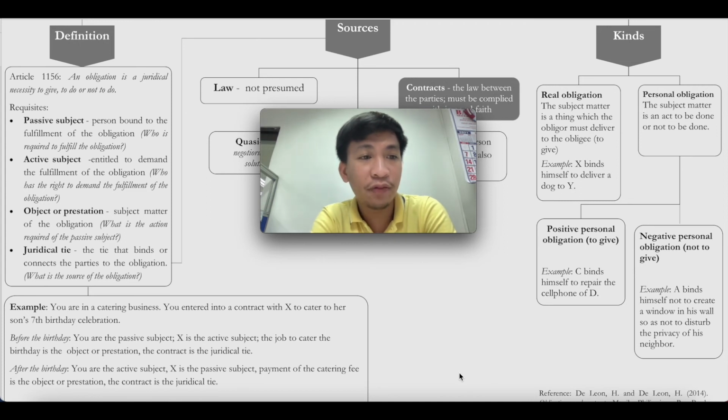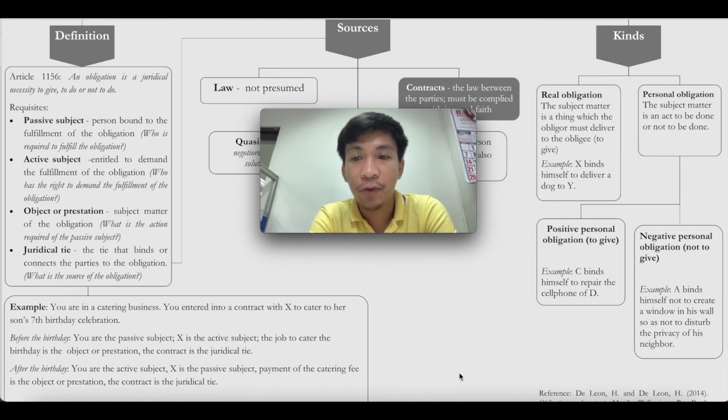Now, under Article 1156, an obligation is a juridical necessity to give, to do, or not to do. Di ba, tatlo yan? Actually, that is reflected in the kinds of obligations that there are. There are generally 2 kinds of obligations.